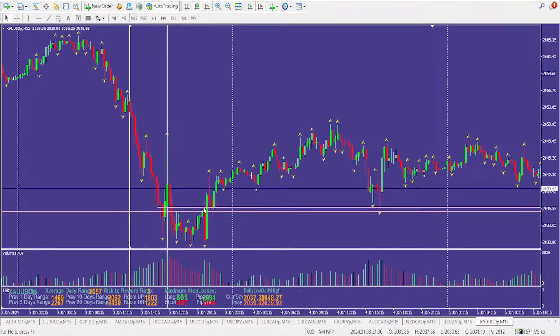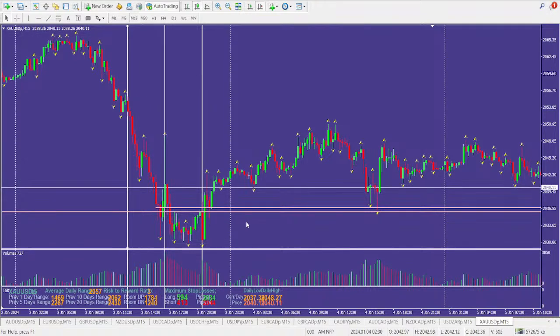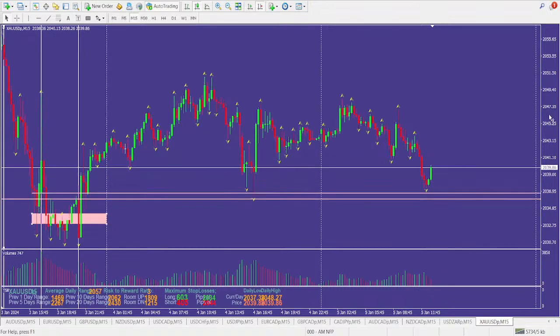So this is going to be our next level of demand, and price came back again down here and tested the level with high volume, as you can see. So this is going to be the zone that we'll focus on for demand.